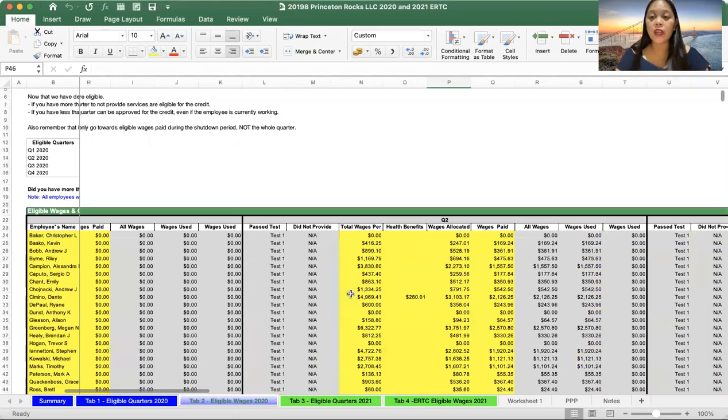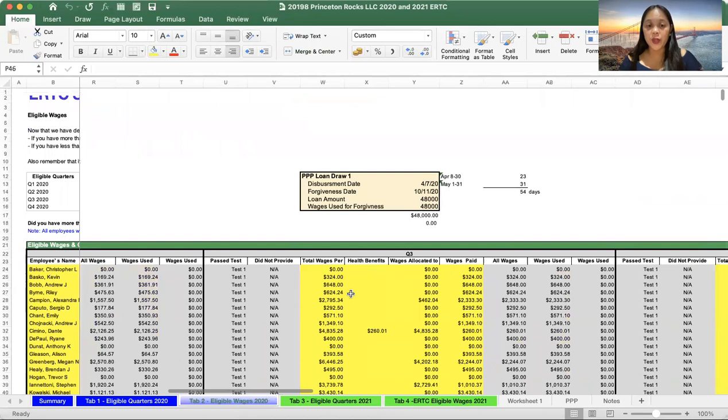Also, it is important for us to allocate first the PPP loan, should there be any PPP loan granted to the client. That means we have to allocate first the wages and remove the wages that form part of the PPP before we compute the ERTC. Why is it necessary to do so?